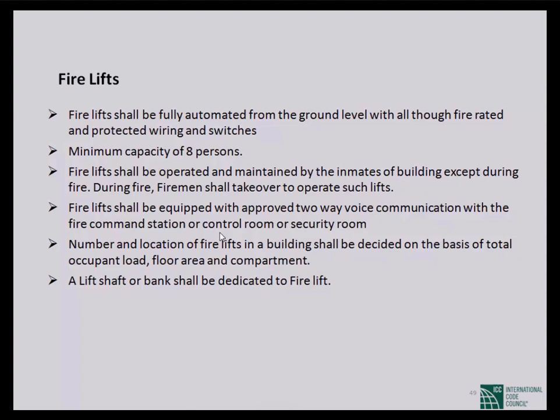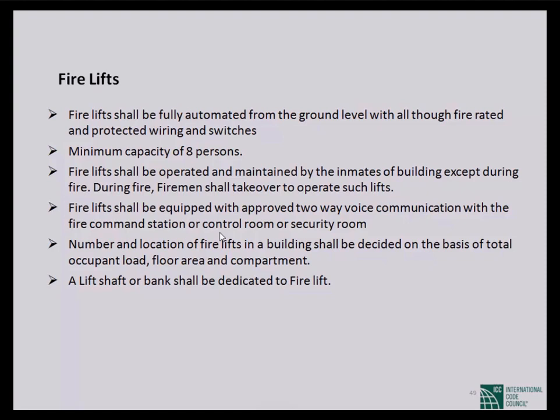So there must be a special provision for fire lifts in hospitals. If it is a high-rise, a very special type of fire lift is especially designed and installed for the patients.